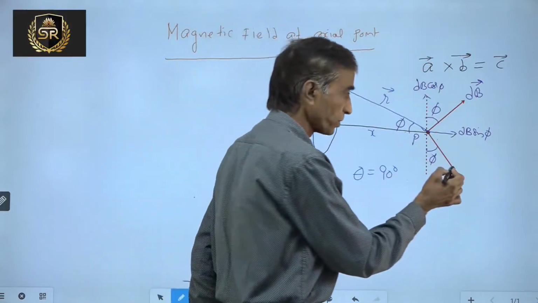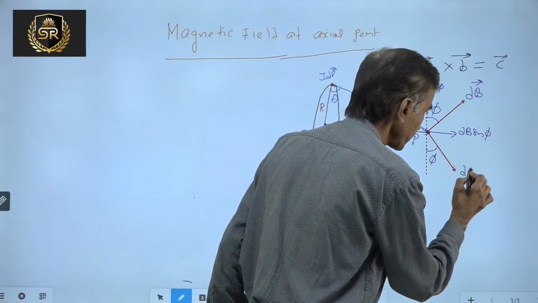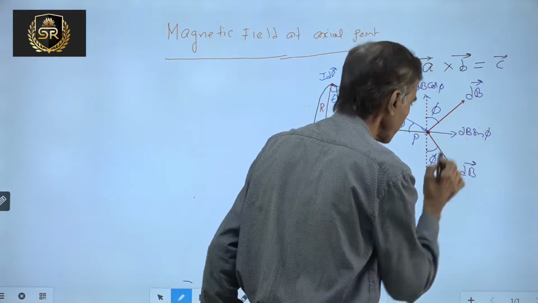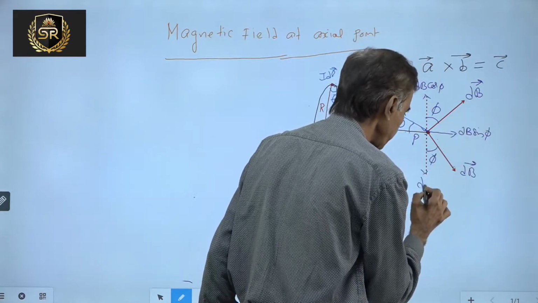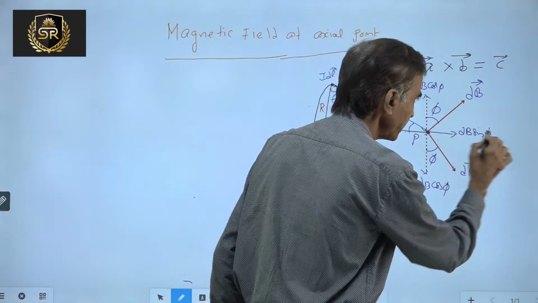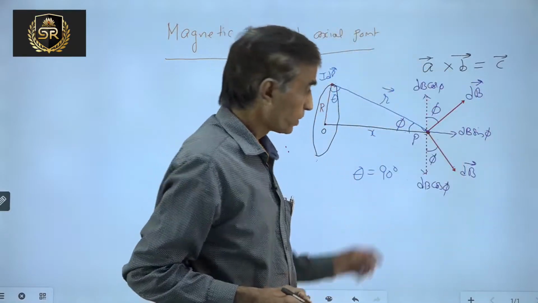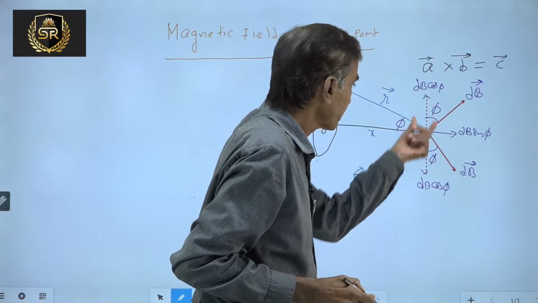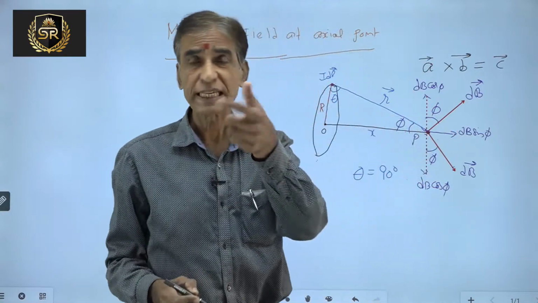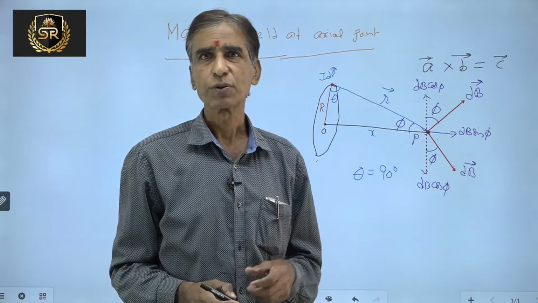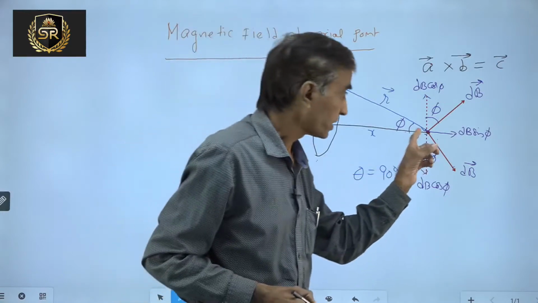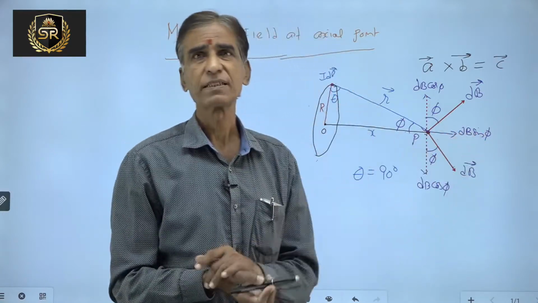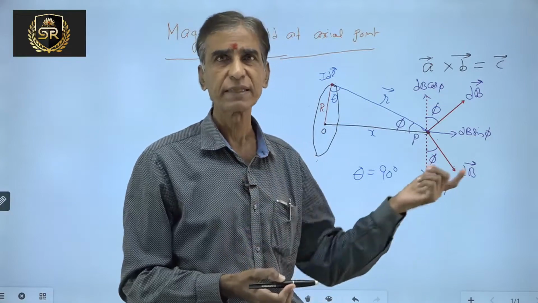But here also, due to the similar element, there is a similar dB and dB sin phi. So the dB cos phi components are going to cancel with each other. Only the dB sin phi component remains, that is the x component of dB.